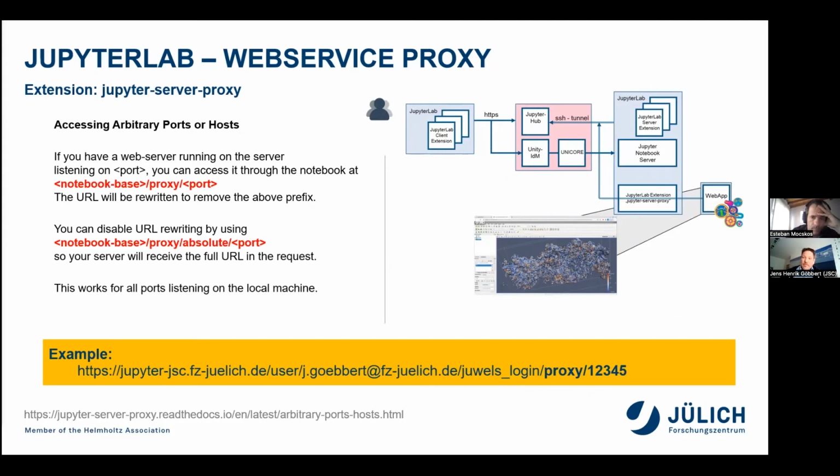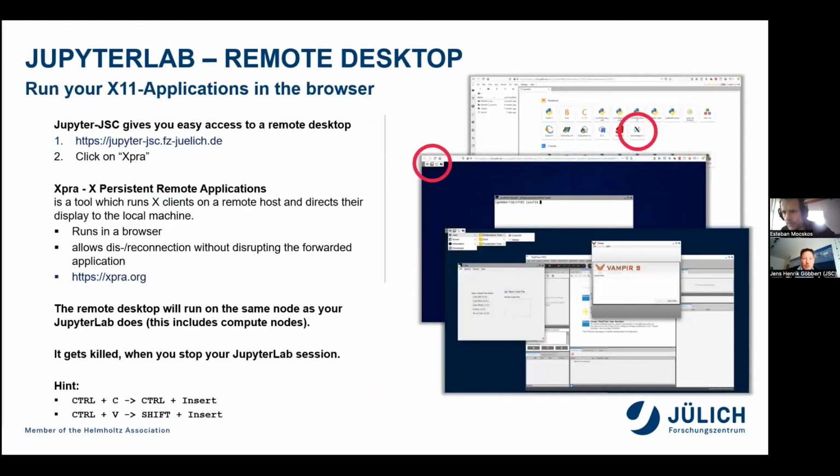So when the JupyterLab server runs on the compute nodes of the HPC system JUWELS, and you enter this URL while you are logged in, of course, through JupyterHub to the JupyterLab server, then you can pass whatever information to that. This could be, for example, the dashboard of TensorFlow, so TensorBoard, or the dashboard from Dask, or, in the next example here, we use that to include our remote visualization.